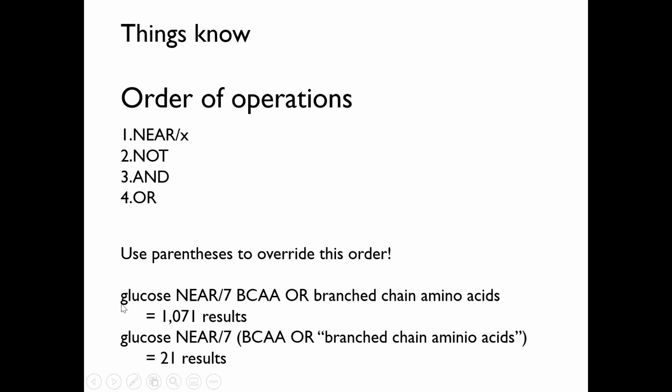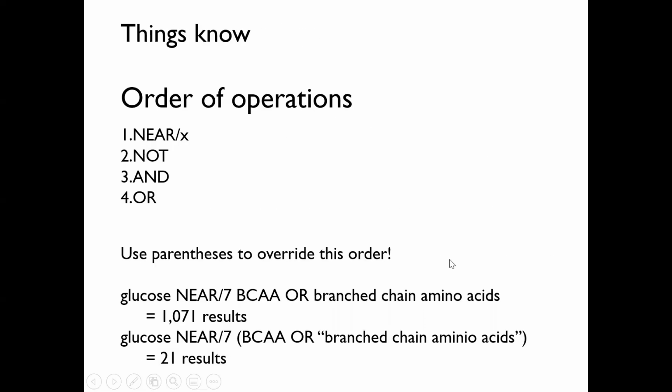But what would happen in that search is if we did the top one, we would have results that had the word glucose that was within 7 words of BCAA. And then we would also get all the results that have branched chain amino acids in it.